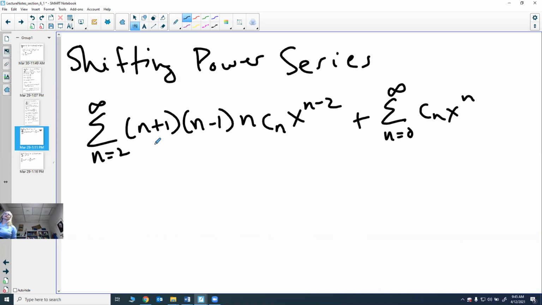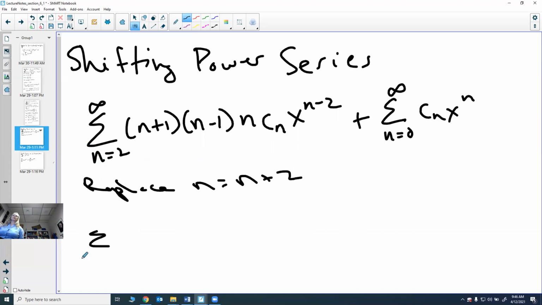So one of the things I noticed is that we could actually replace n with n plus 2. And the reason I'm doing that is because if n is replaced by n plus 2, then we're going to put an n plus 2 in down here. N plus 2 equals 2 means n equals 0. So we would now start this at 0.